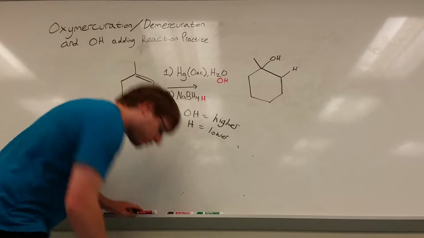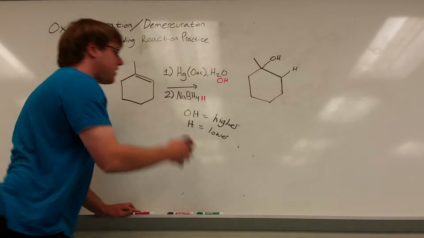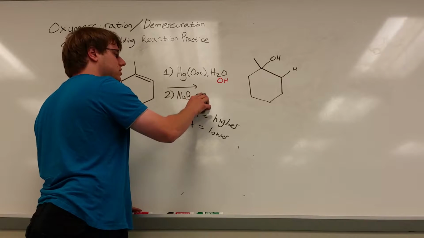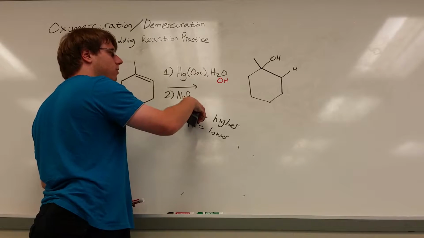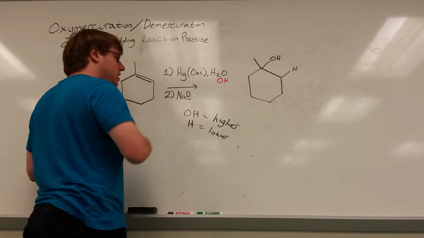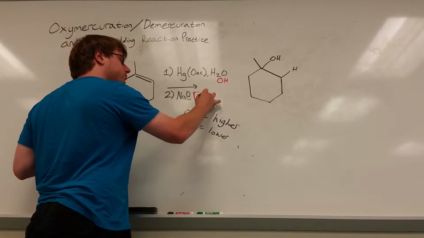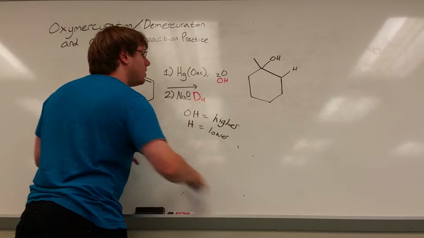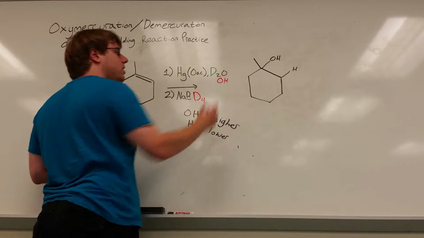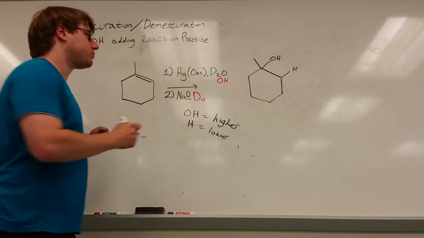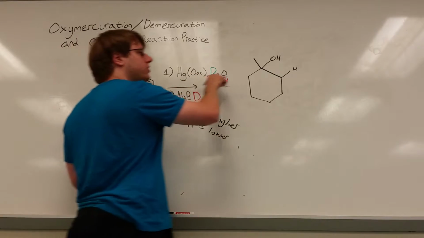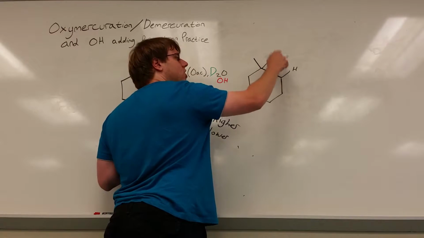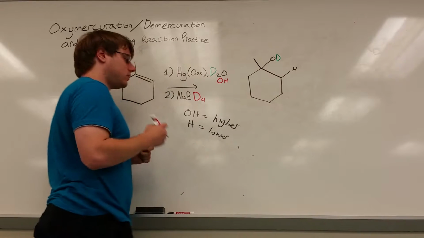So what that means for you, especially you summer students, is if they give you a modification of this reaction, and instead of saying NaBH4, they say NaBD4, or instead of H2O, they say D2O, you have to be able to find where that deuterium should end up. So if you see D2O in your first step, that means that instead of an OH, you should get an OD.